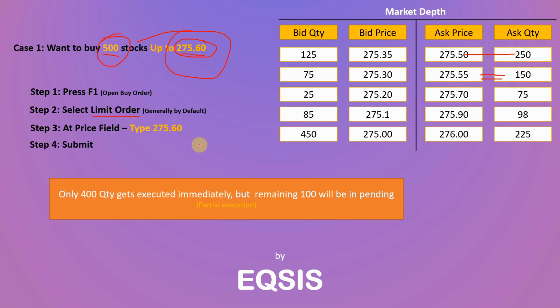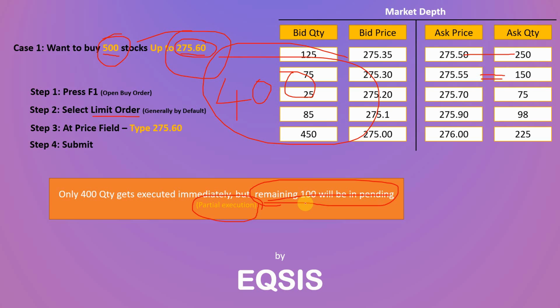Only 400 quantities, remember, it's very important, 400 quantities will be instantly executed. The remaining 100 will be pending. So that's what I'm highlighting. It's partial execution that has taken place. But if you really want to modify the order, that order can also be executed.